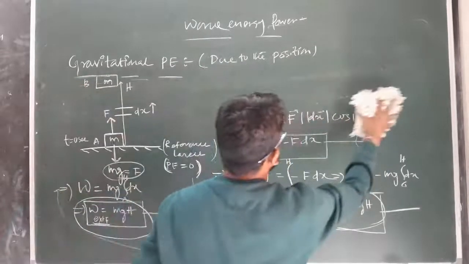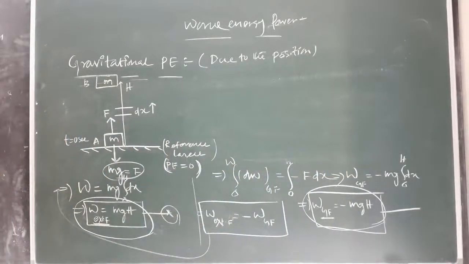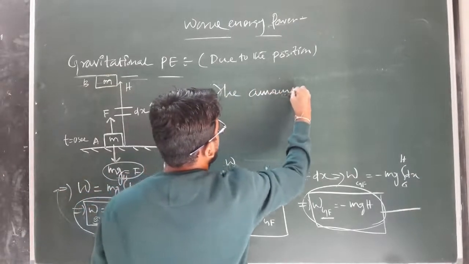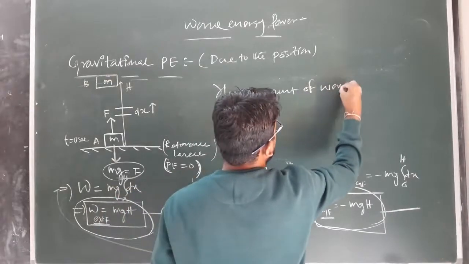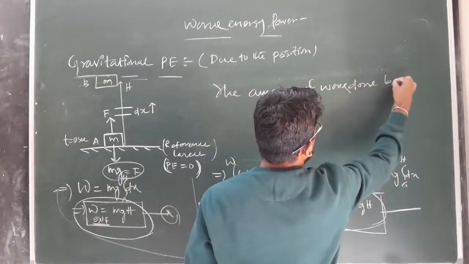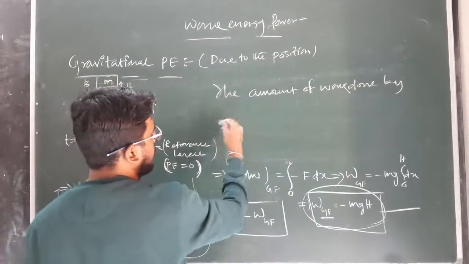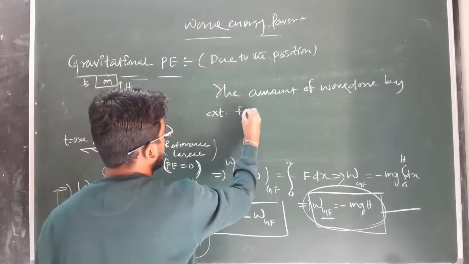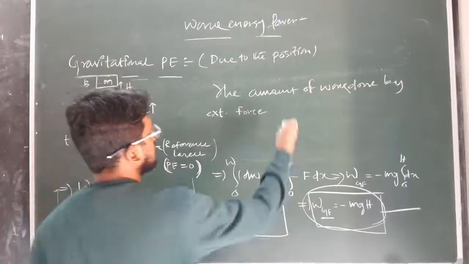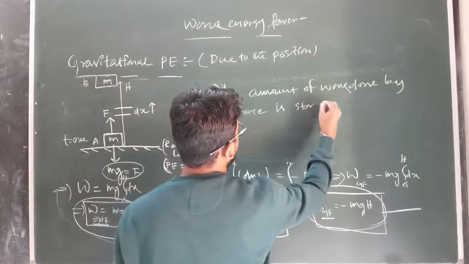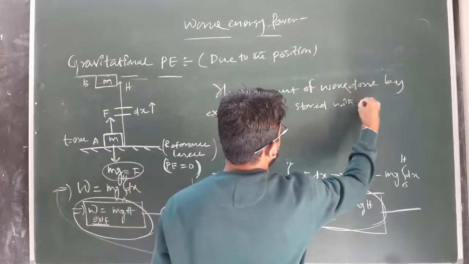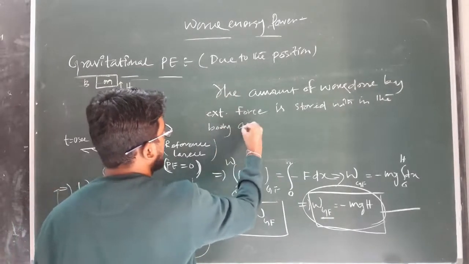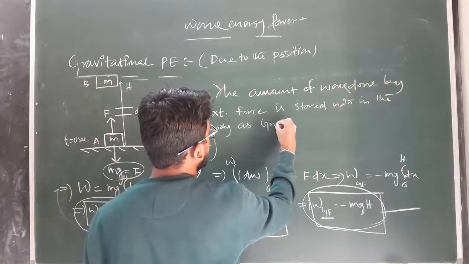So the amount of work done by the external force is stored as gravitational potential energy.